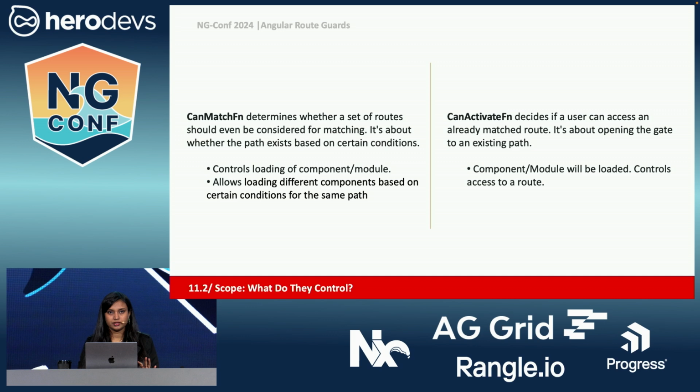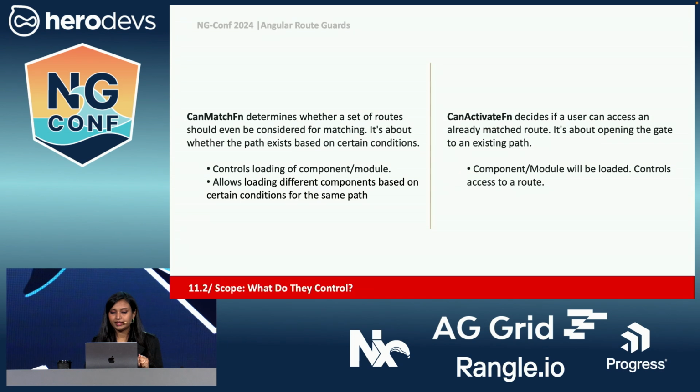Another key point to consider when deciding which one to use is your scope. So what they actually control. canMatch determines whether a set of routes should even be considered for matching. It's about whether the path exists based on certain conditions. Whereas canActivate decides if the user can access an already matched route.